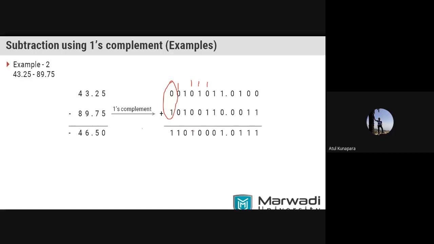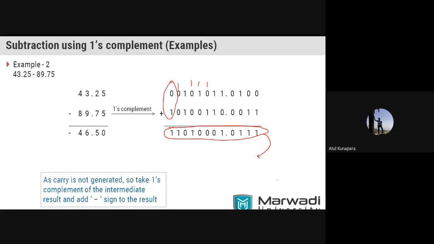So if you are not getting any carry over there, that means what? This is not your actual answer. This is the answer in the ones complement form. So you have to convert it into its ones complement form. That ones complement form is what your answer is going to be, right? So the ones complement form is 0 0 1 0 1 0.100.